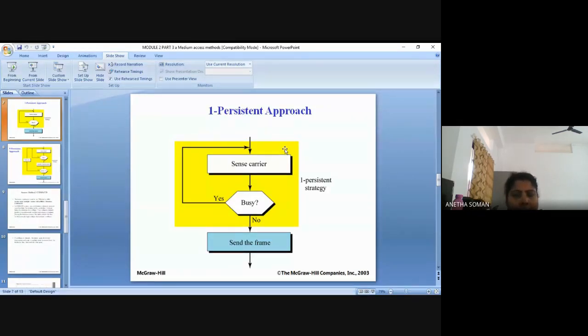So it will immediately send the frame with a probability of 1. Now what happens in this method? It increases the chances of collision because many stations find that the line is idle and they start transmitting their data. Okay, so that is the one-persistent approach. They are sending the frame with a probability of 1. Okay, so that is the second procedure.